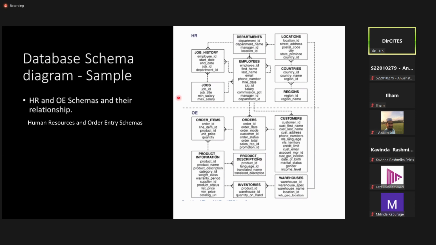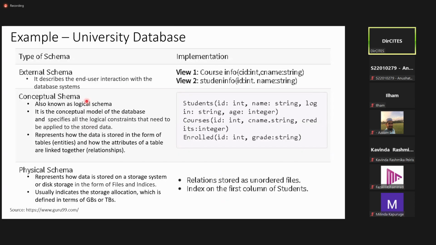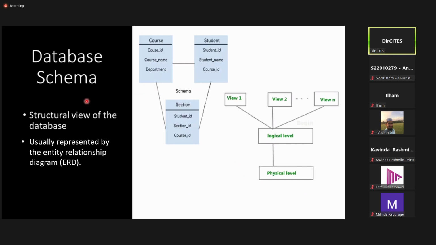This is just an example, so you don't need to worry about schema now. This schema is usually represented using ER diagrams, which you will learn in the next day school.